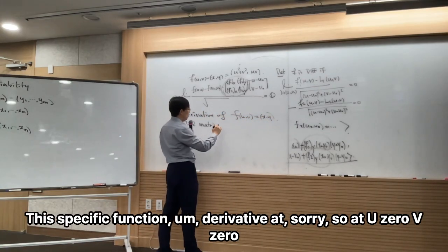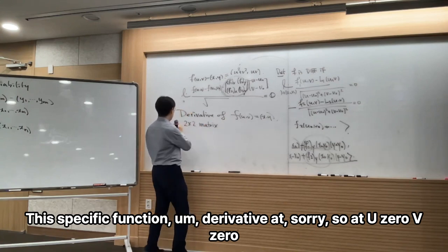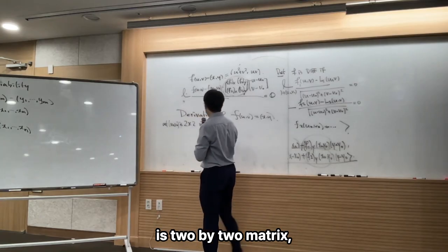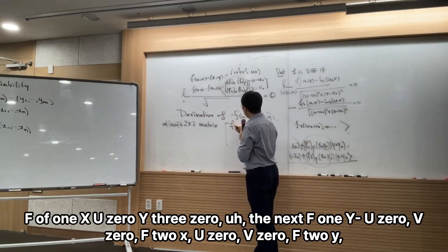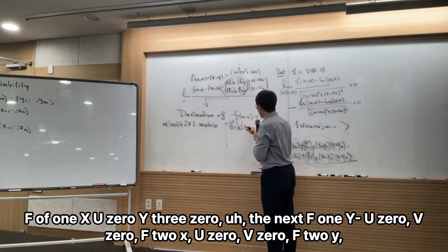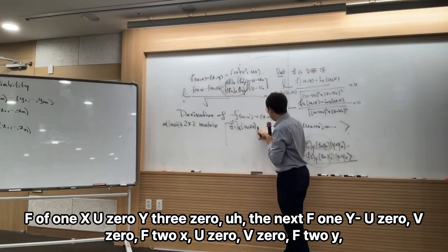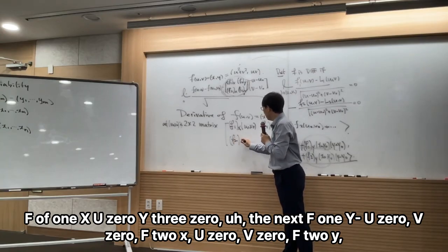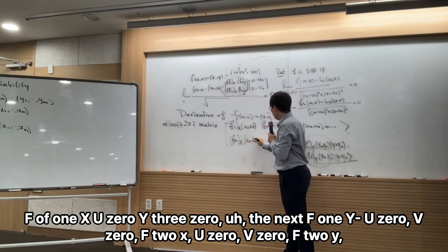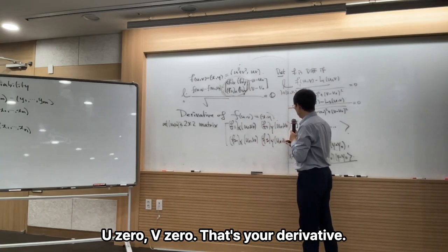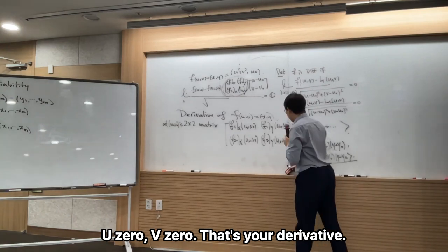This specific function, the derivative at (u0, v0) is a 2 by 2 matrix: f1 with respect to x at u0, v0; f1 with respect to y at u0, v0; f2 with respect to x at u0, v0; f2 with respect to y at u0, v0. That's your derivative.